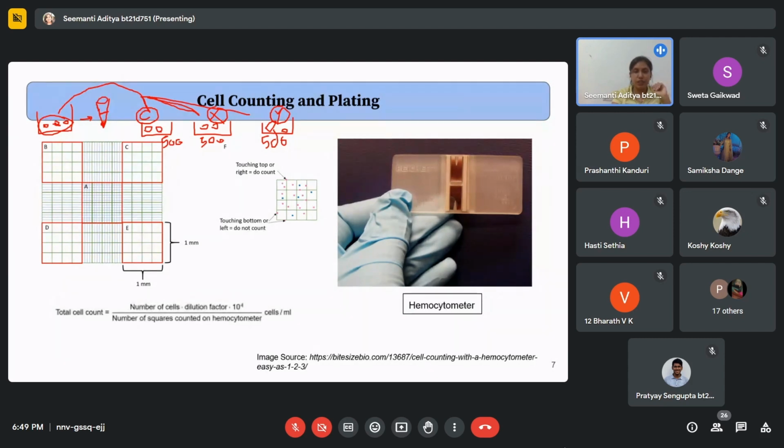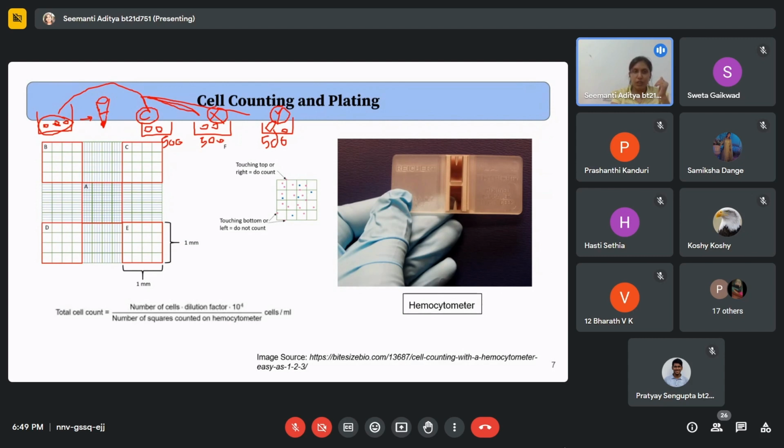Depending upon how much pellet you have, and as you do cell culture, you will get used to the idea of how much media to dissolve a given pellet in. So depending upon the pellet size, we can dissolve it.